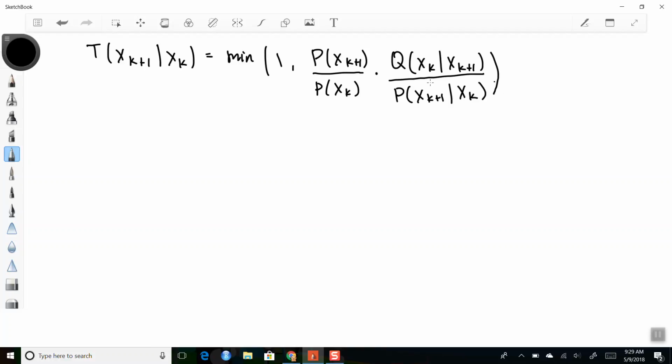So this is the acceptance probability, and then the transition probability is, well, we have to accept it, but first we have to even propose it, right? And this is a Q.